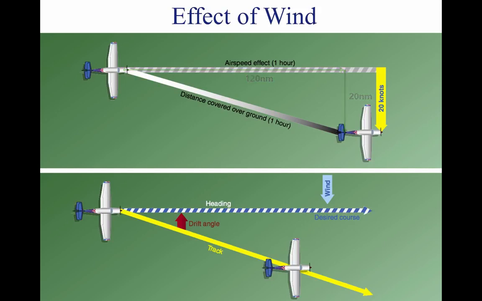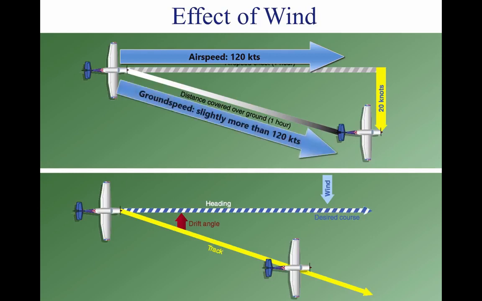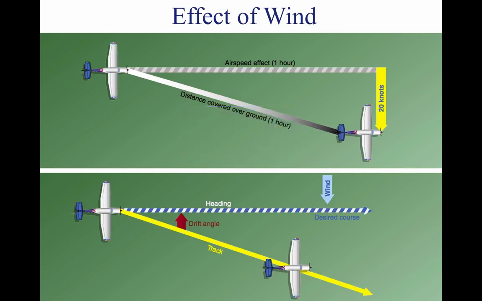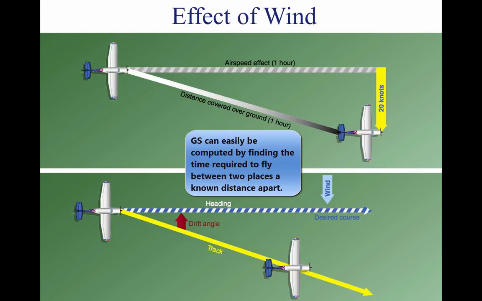Under these circumstances, the airspeed remains 120 knots, but the ground speed is determined by combining the movement of the aircraft with that of the air mass. GS can be measured as the distance from the point of departure to the position of the aircraft at the end of 1 hour. The GS can be computed by the time required to fly between 2 points a known distance apart.